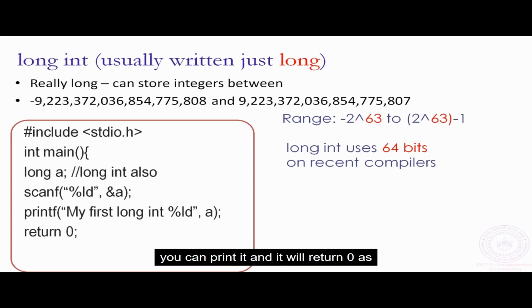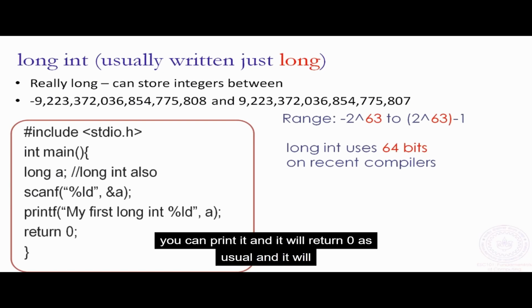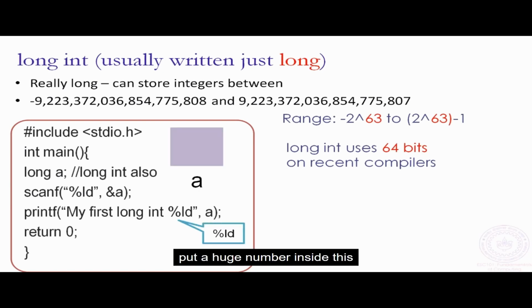You scan it, you can print it, and it will return 0 as usual. And it will put a huge number inside this box, which is called a, but instead of the regular int, which occupies 4 bytes of memory, this one will be occupying 8 bytes of memory in the computer and storing much, much bigger numbers.